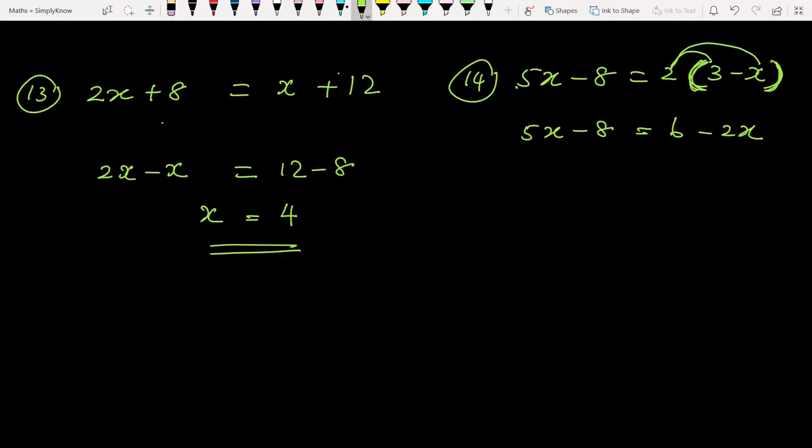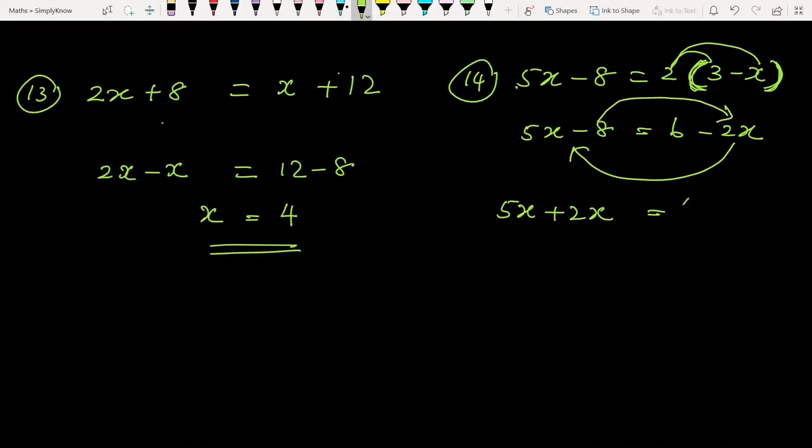Now let's rearrange by transposing. I'm going to transpose this minus 2x to the other side. So it will become 5x plus 2x. Then I transpose this minus 8 to the other side, which is the right side.